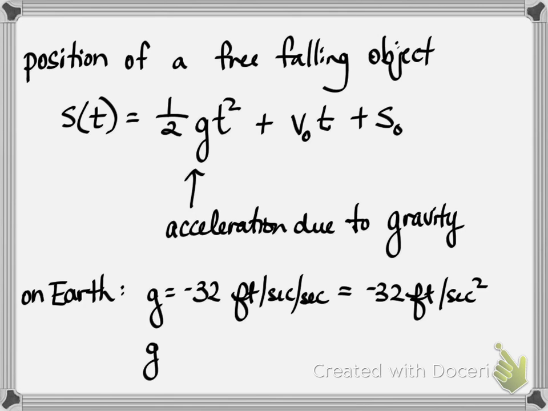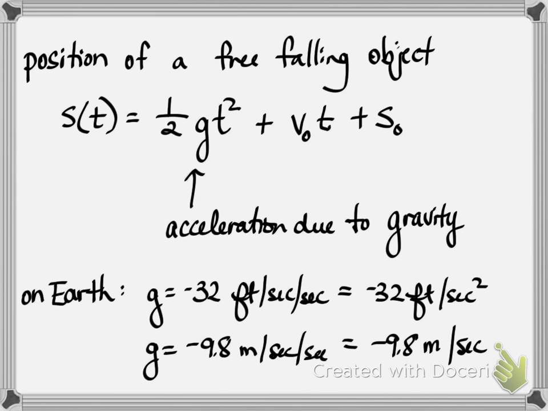Or if we're in meters, it's negative 9.8 meters per second squared. And I think in physics you all round these, but we use negative 32 and we use negative 9.8 in calculus. All right.